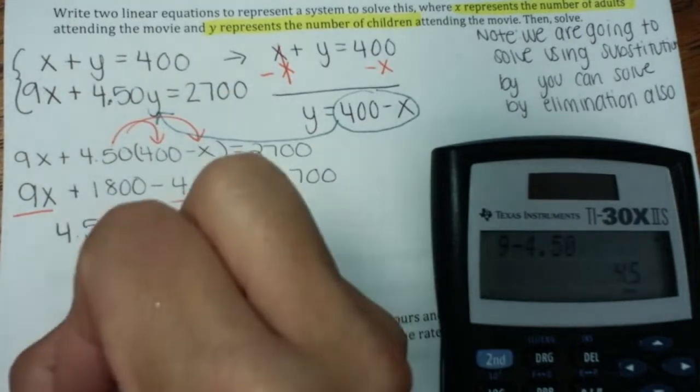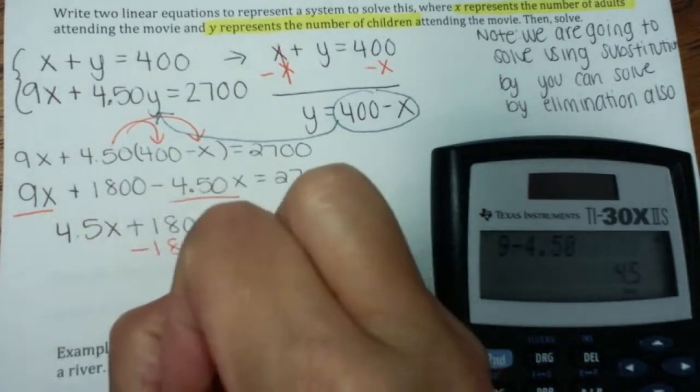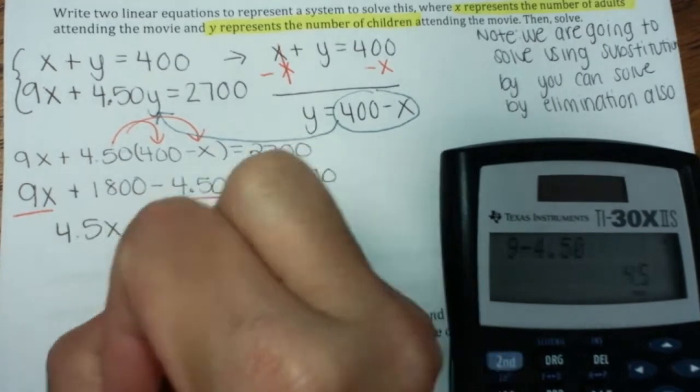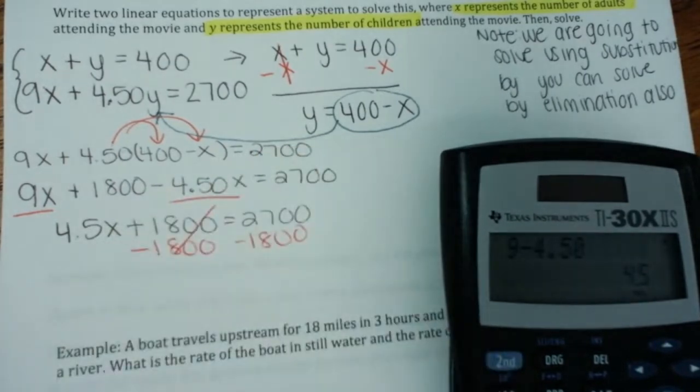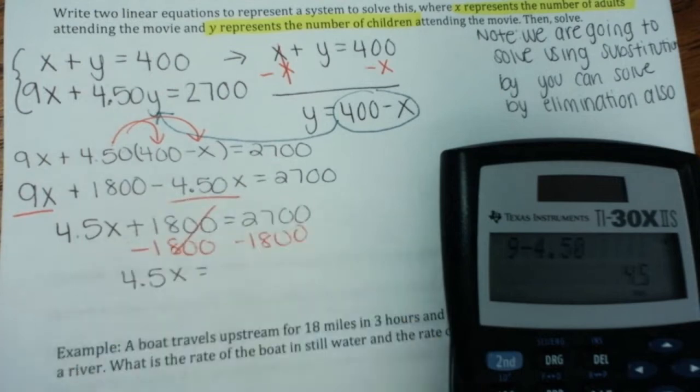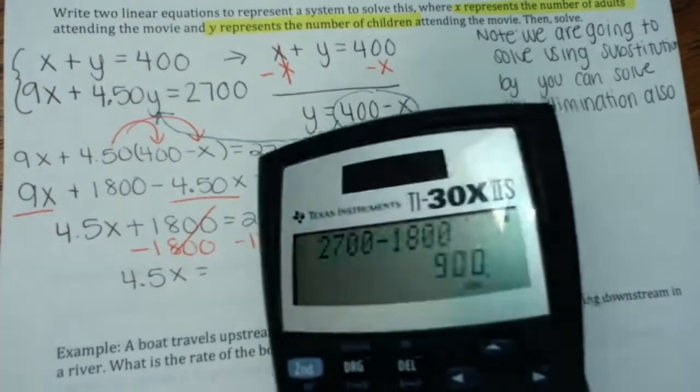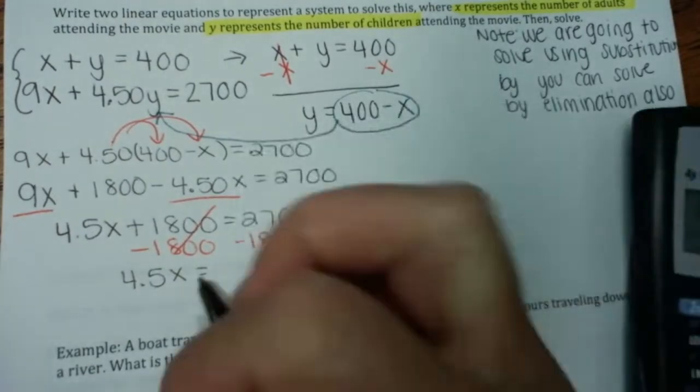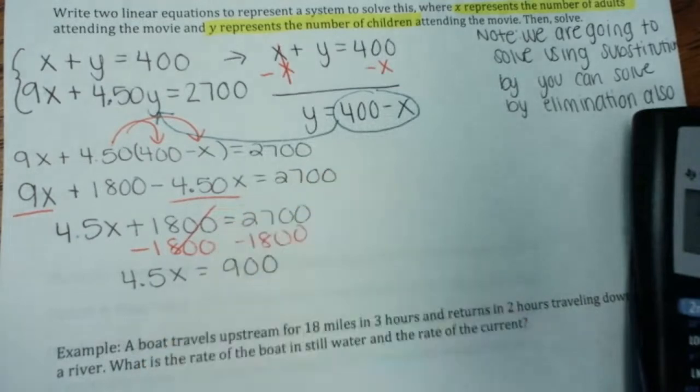Getting closer, let's get x by itself. Let's move that 1800 to the other side, so I can subtract 1800 from both sides. That way 1800 minus 1800 cancels out and goes to 0. We are left with 4.5x equals 2,700 minus 1,800, and that will give us 900. Almost done.